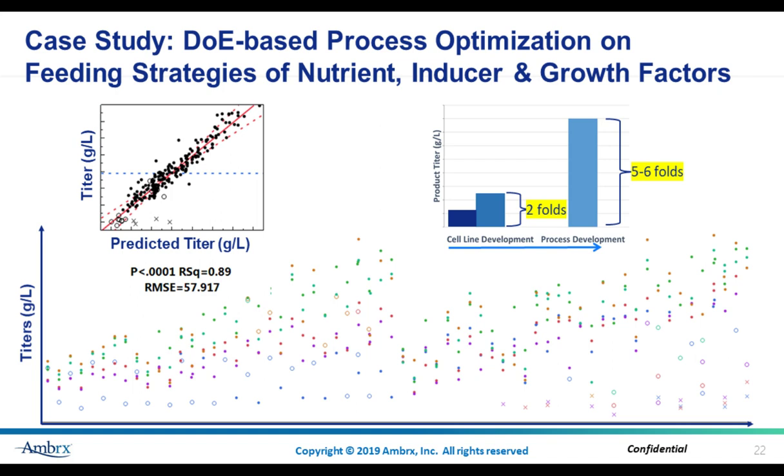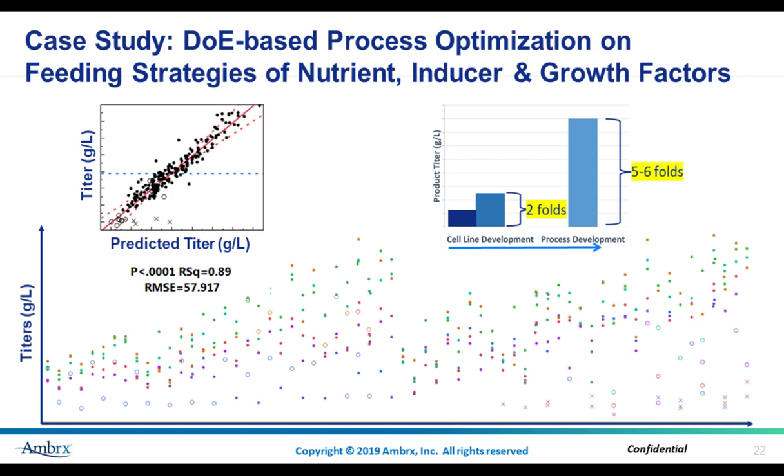After the platform process is established, optimizing a feeding strategy is super critical to achieve a culture that both grows and produces protein effectively. In this case study, DOE-based process optimization on feeding strategy of nutrient, inducer, and growth factors was done.